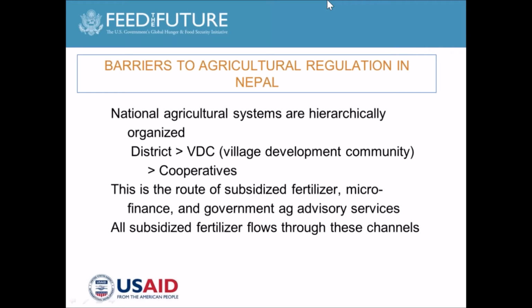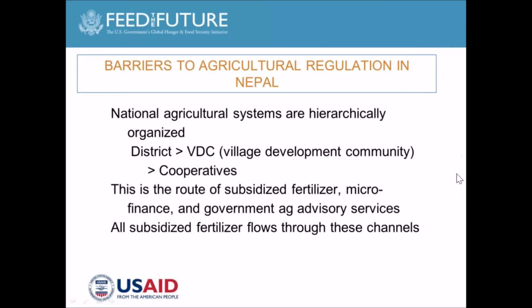Within each district, there's what's called a VDC, or Village Development Community, which are sub-district groupings of farming communities funneling into the hierarchical government system. And within each VDC, there's cooperatives. So district, sub-district is VDC, sub-VDC is cooperatives.